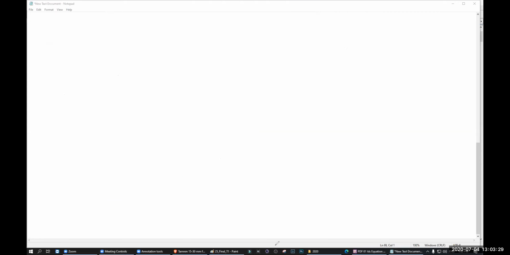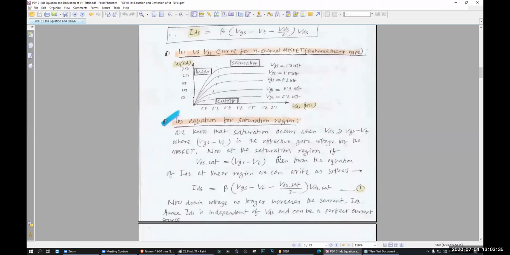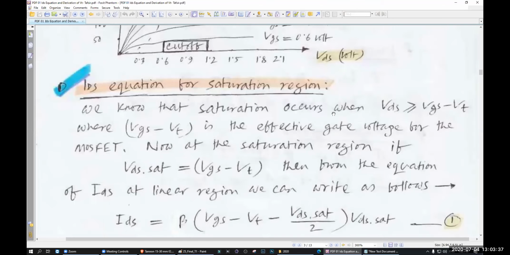Okay, how to do that? See. We know that saturation occurs when the VDS is greater than or equal to VGS minus VT, where VGS minus VT is the effective gate voltage for the MOSFET.